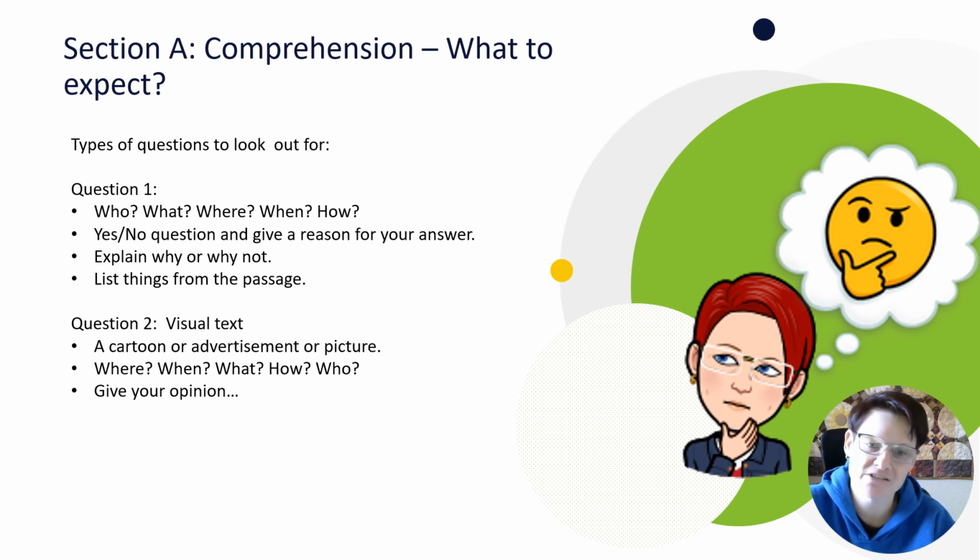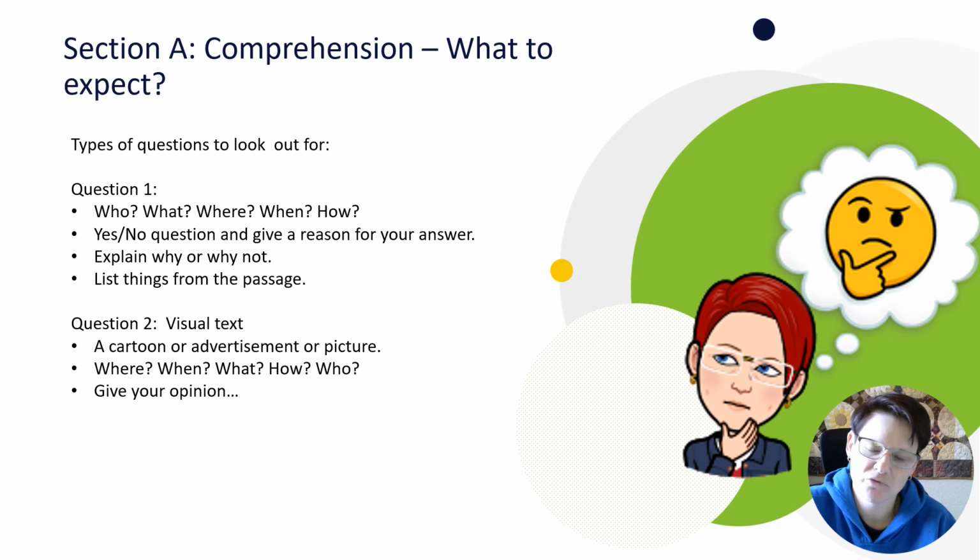The 5 keys that I usually give my learners are the who, the what, the where, the when, and the how. Now, I can promise you, you probably won't get all 5 of them in the comprehension test, but you will at least get 2 to 3 of these questions in your comprehension. So read very, very carefully.